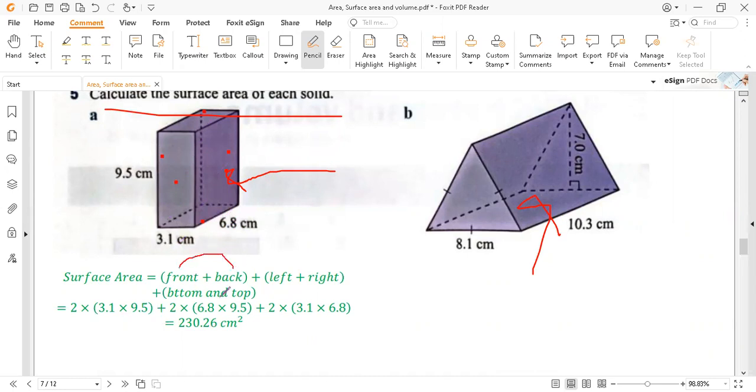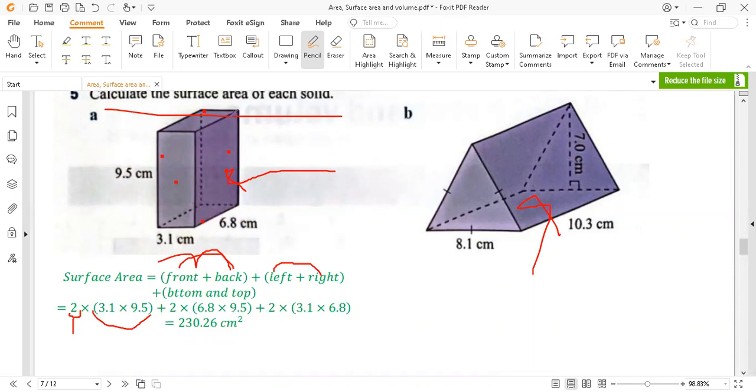So front and back, we can say 2 times the front area. The front area is a rectangle with length equal to 9.5 and breadth equal to 3.1. So we multiply it by 2 to obtain the area of the front and the back. The left and the right are congruent.